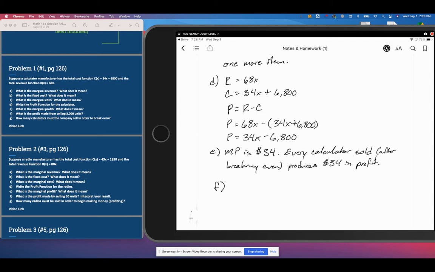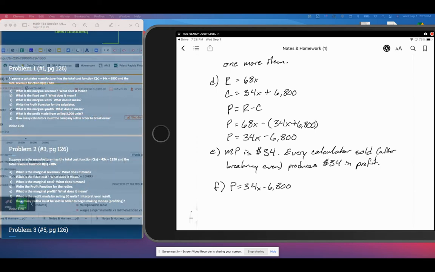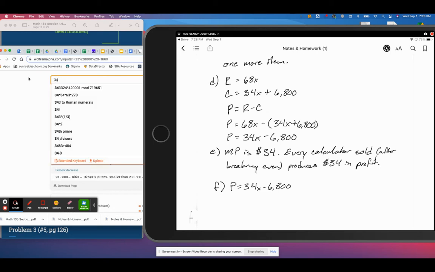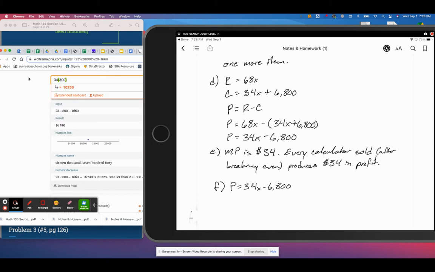So part F here, we've got profit is equal to 34x minus 6,800. We can swing this to Wolfram and get it to calculate for us how many units again? 3,000. So our profit function goes in there. We've got 34 times 3,000 units minus 6,800.